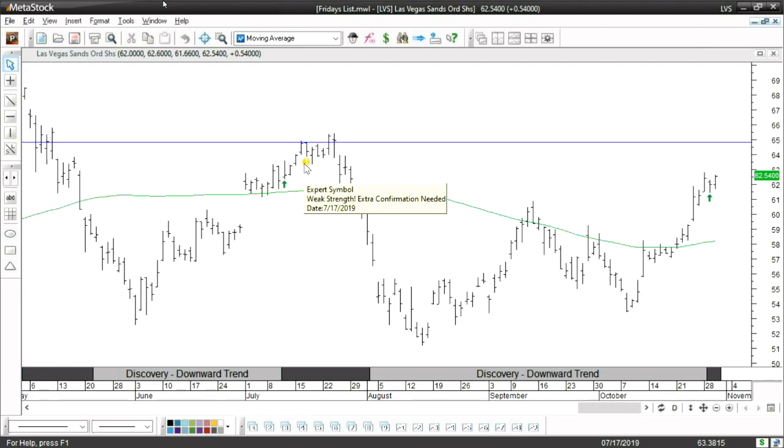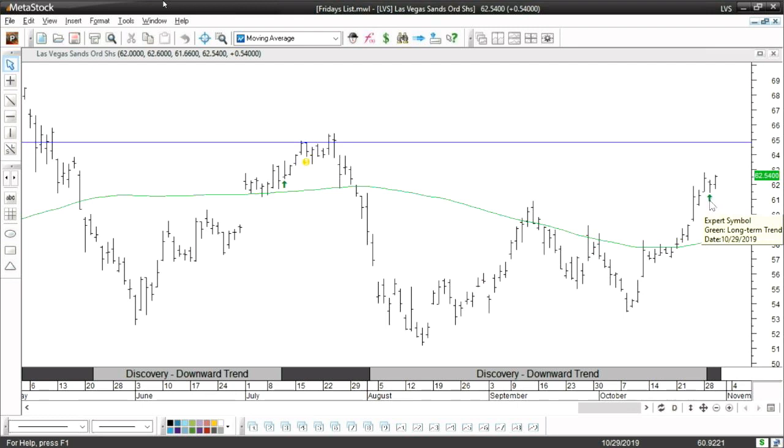We need 3 consecutive closes above the trigger point. There's 1, there's 2, but I don't see 3. Boom, down it came. Isn't that amazing? Because we need to patiently wait, we didn't get tricked into this and it just rolled and shot down so hard.